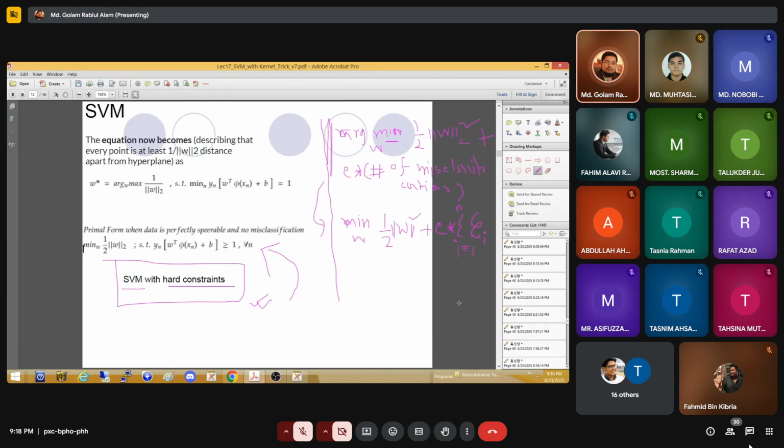If a point is correctly recognized, then there will be no penalty, and otherwise we will have the penalty for that. So this is called the slack variable. And then what is a slack variable?